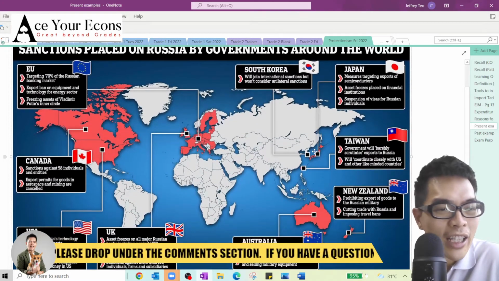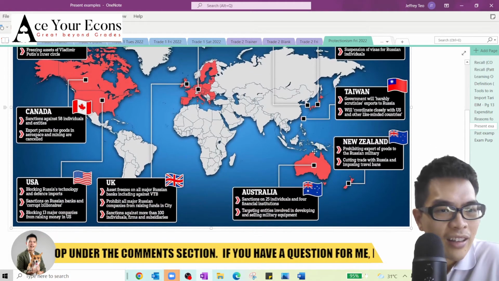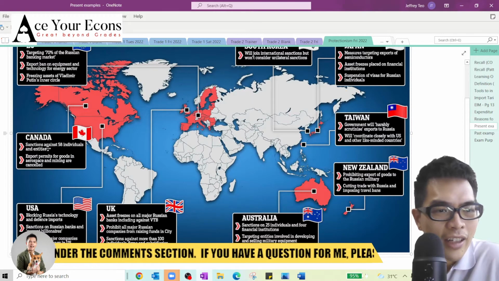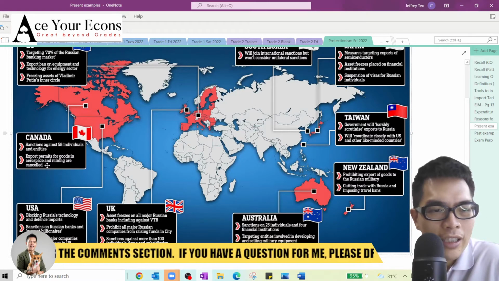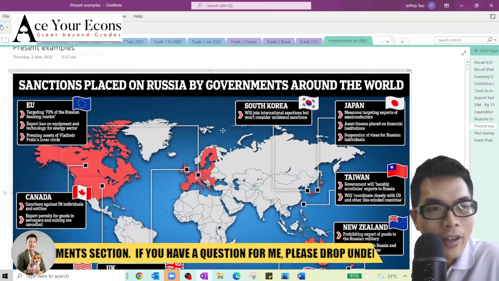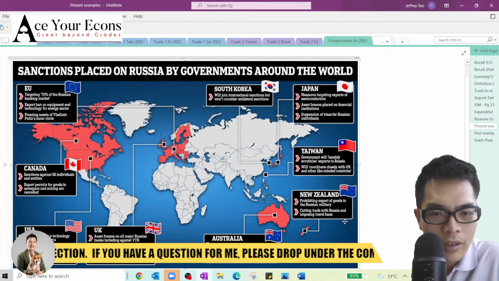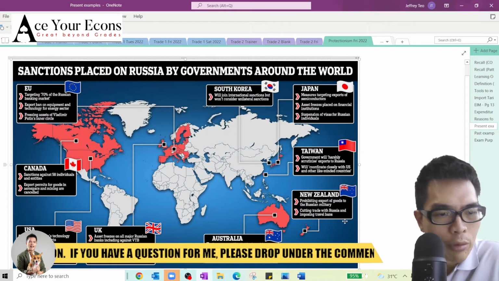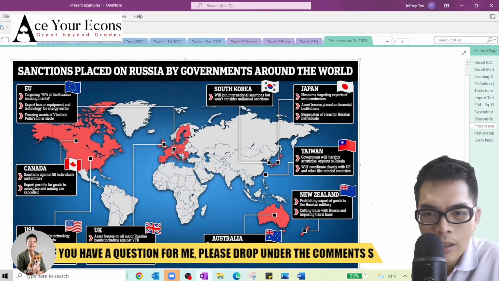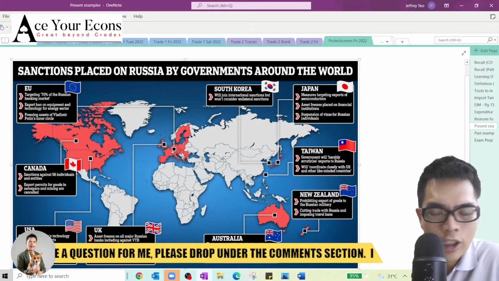Let's look out for something. See, Canada is going to restrict their exports of aerospace and mining to Russia. Can you all help me look out in this diagram? I'm not sure whether it is big enough. Which are the ones that are related to what we covered today? Are there any mentions of blocking of Russian imports?